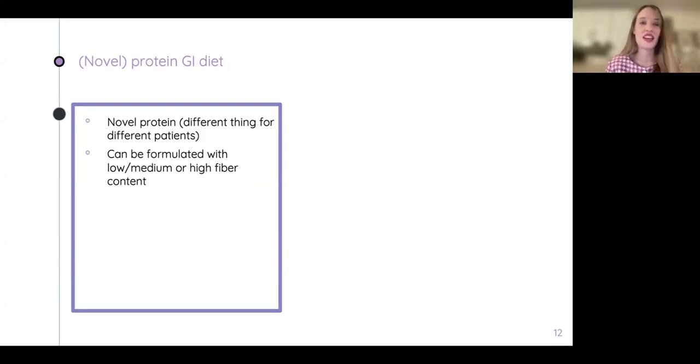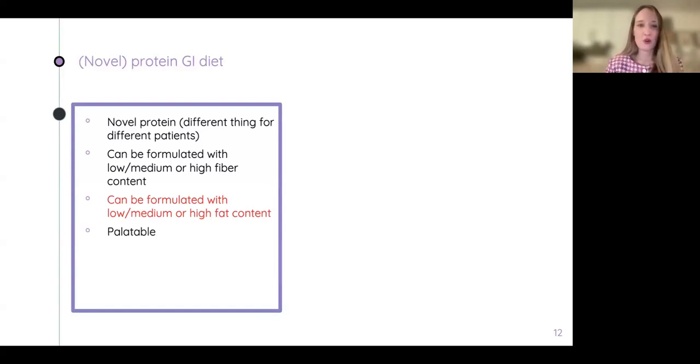But if it has been eating some protein or some diet that contains that protein, it's basically not. So you have to do your anamnesis. And then when it comes to how they are formulated in regards to fiber or fat, they can be various levels, so you have to check the label and see what you want to achieve with your feeding plan.